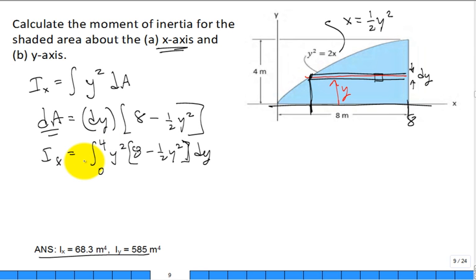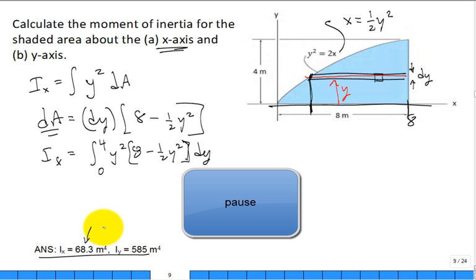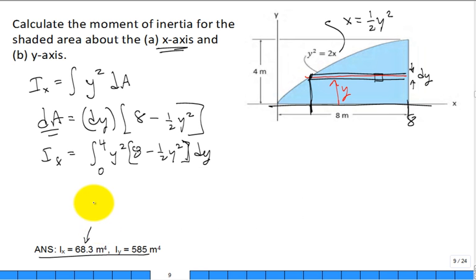We stop at y equal to 4. How about I give you a minute or two to see if you can confirm that that integral is 68.3. All right, I hope enough of you are able to confirm that. Good? Very good.